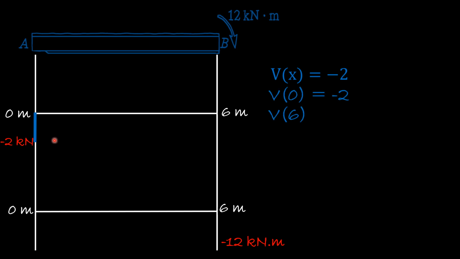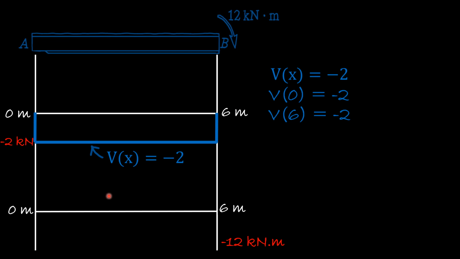So at 0 it is -2, and at 6 it is also -2. So now we can draw this line right here, and this line represents this function. And at B, we have a 2 kilonewton going upward. So now we close the shear diagram.